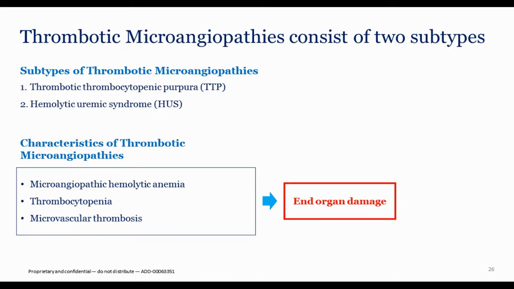As a result of clot formation inside of these small capillaries, these patients will ultimately suffer end organ damage. In the case that we presented, you saw that the patient had renal failure and she had damage to the heart and lungs. So a number of organs can be affected with end organ damage.